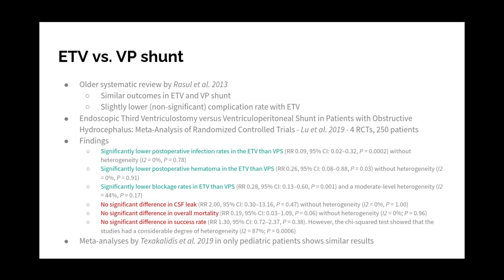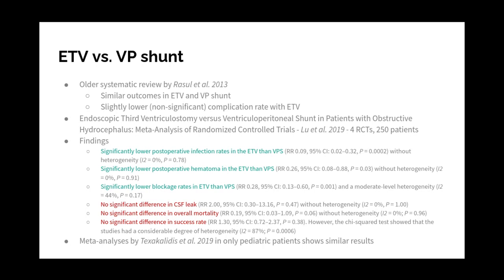However, a recent meta-analysis of RCTs done for obstructive hydrocephalus in particular, comparing ETV to VP shunts, showed that the rate of various complications, including infection rates, hematoma rates, and blockage rates, was much lower in the ETV group as compared to the VP shunt group.